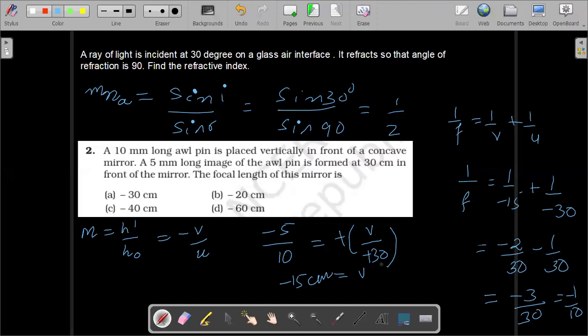Sir, why would the magnification be minus 5 by 10? Yes, the magnification would be minus 5 by 10, the reason being it's a real image. See, the image is formed in front of the mirror, so the image which is formed in front of the mirror is real.